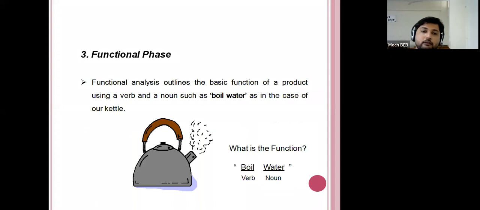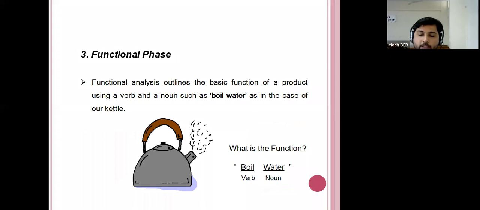Okay. Then the third one is the functional phase. Okay. So functions are determined. For example, here a boil water kettle is there, and what is the function of that particular kettle? Boiling the water. Okay, so boil water is the phrase. Out of that, boil is the verb and water is the noun.